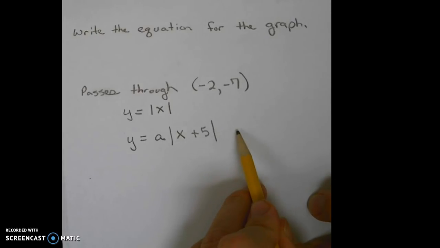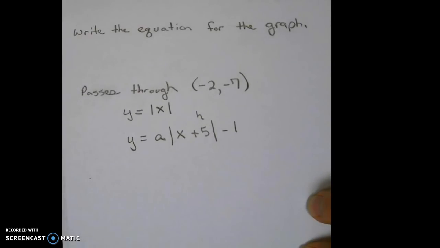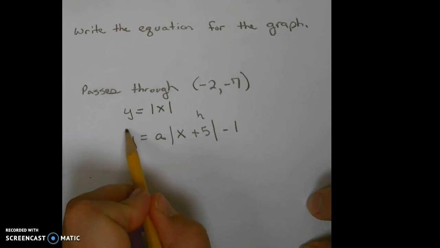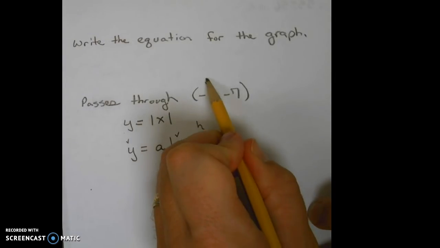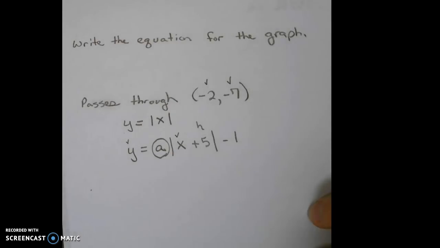And I'll fill in the K. Remember, the K is up and down, and it went down 1. Okay. So what information is missing? Well, we need a y value and an x value, which is given to you right here. And we just need to calculate the A value.